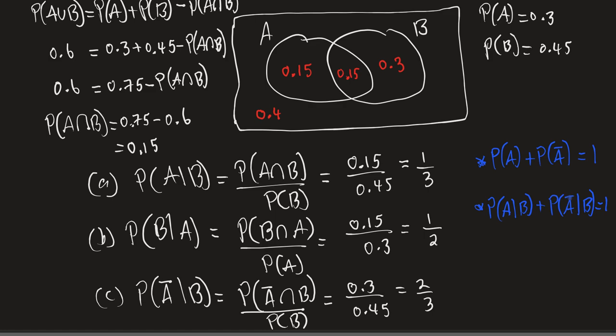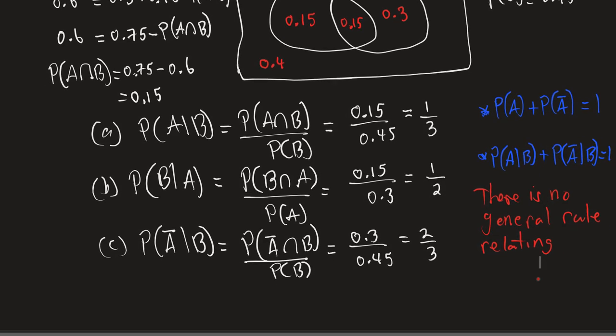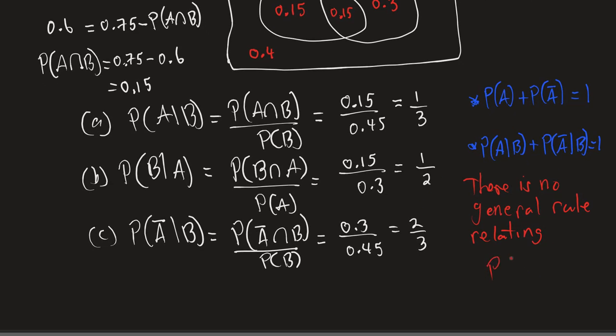But what we can't say, and I'll write this one in red because this is one that sometimes gets confused, there is no general relationship, or let's say rule, relating these two. If I write down the probability of A given B and the probability of A given B complement.